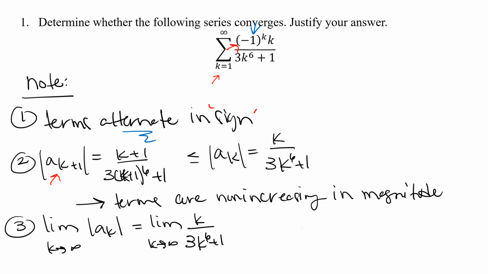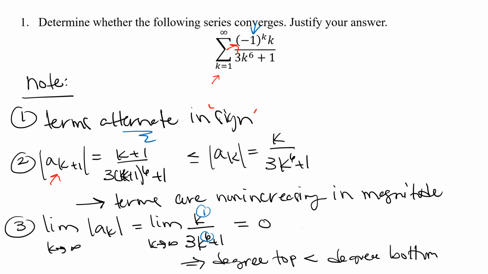So what's our understood exponent in the numerator? 1. Our exponent in the bottom is 6, right? So we say the degree in our numerator is less than the degree in the denominator. So what does that mean about our limit? That means our limit is 0, okay?